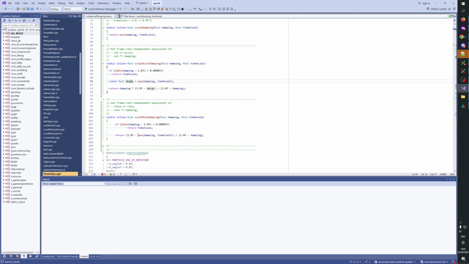Decay. What is it doing? We also have a decay here, and then we put that here, so this function does basically the same, except it doesn't multiply.